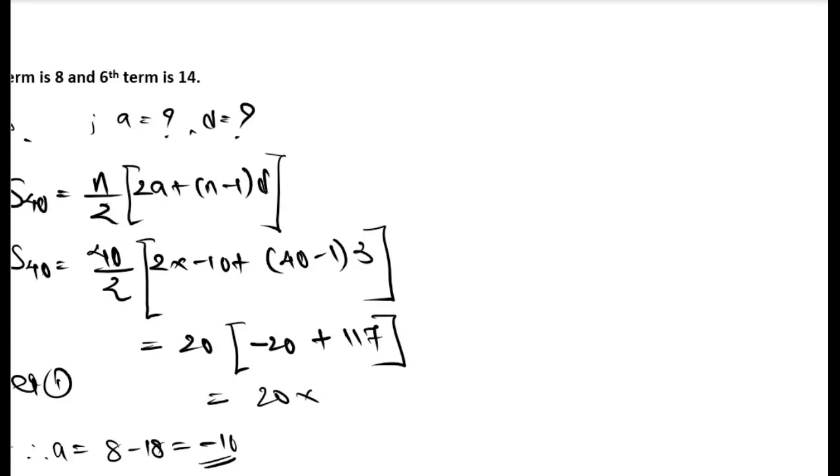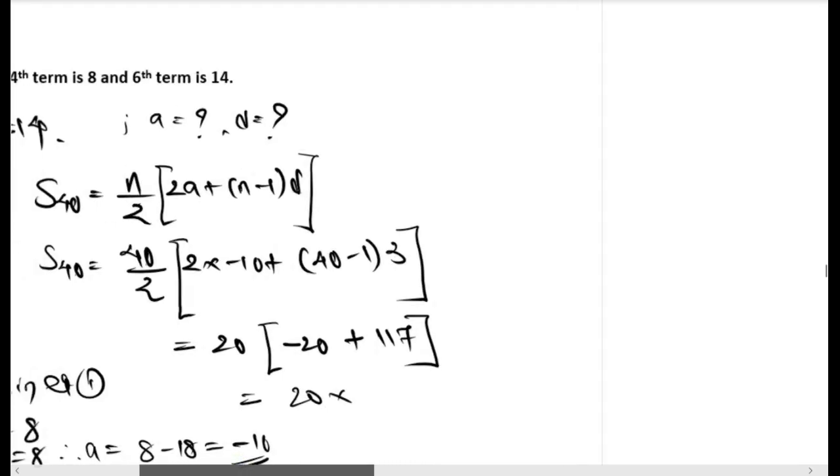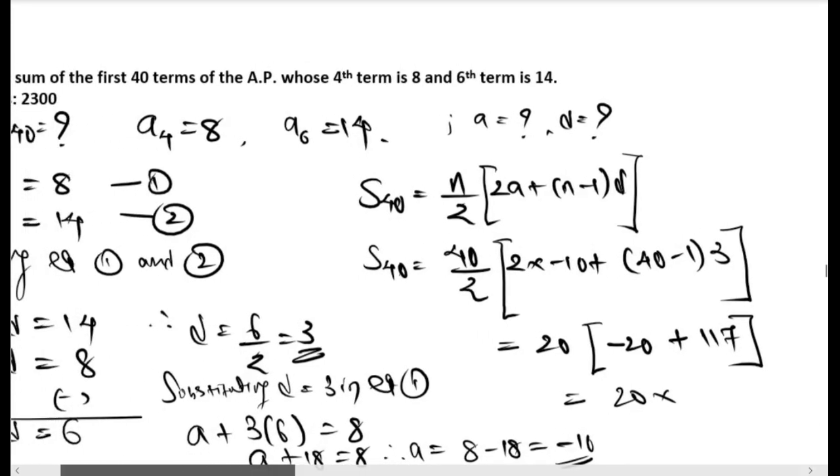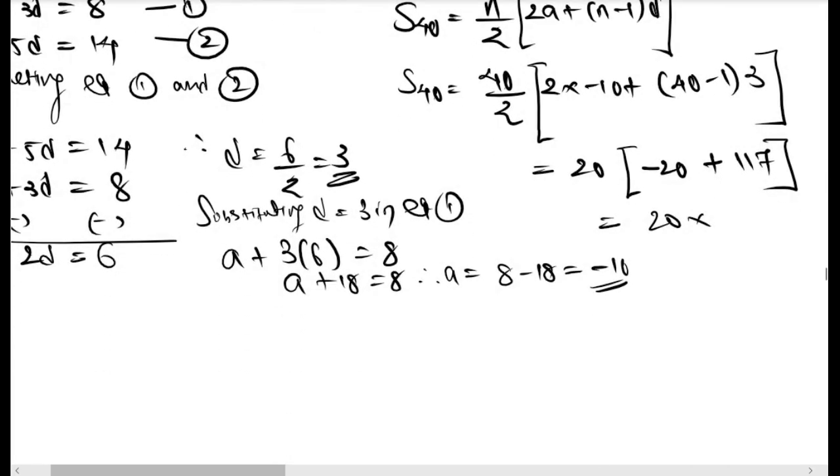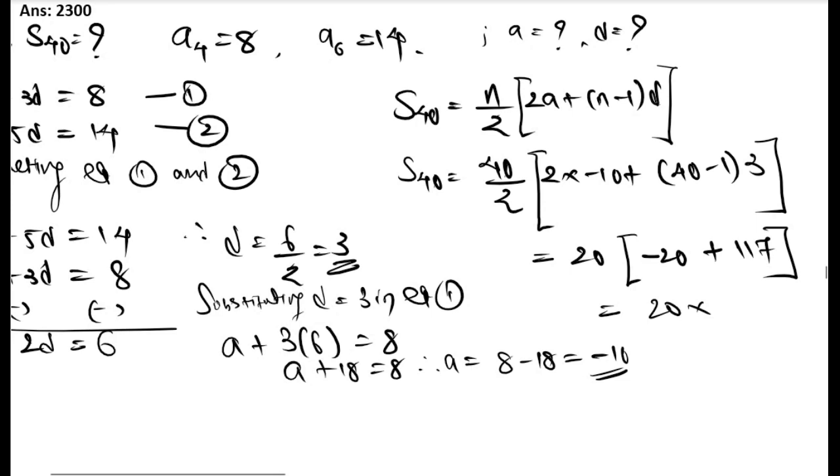Is it correct? 2 into a is a, why am I getting a 10? Actually a is minus 1, I'm getting minus 10. Let me check. D is 3, that is correct.